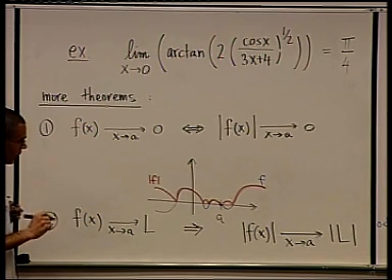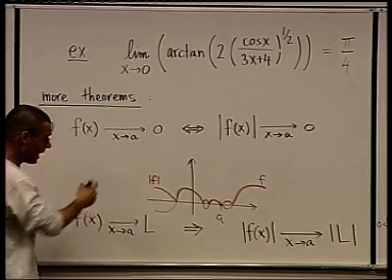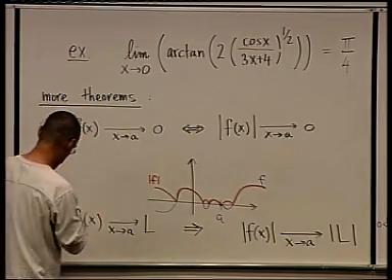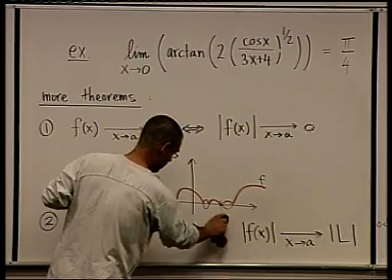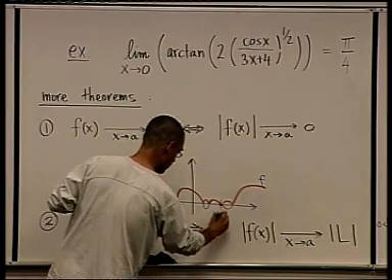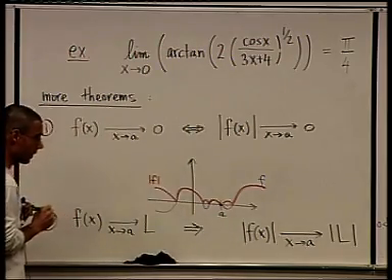So let's look at this drawing. Let's look at different points now. So this original point we had here was a point where the function went to 0.